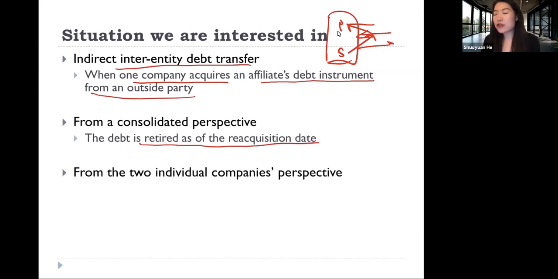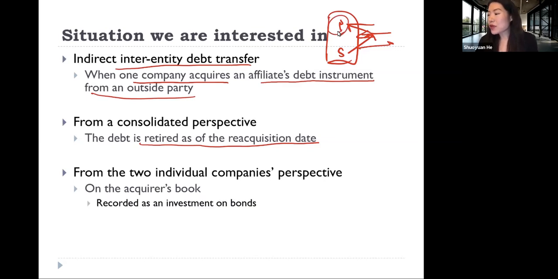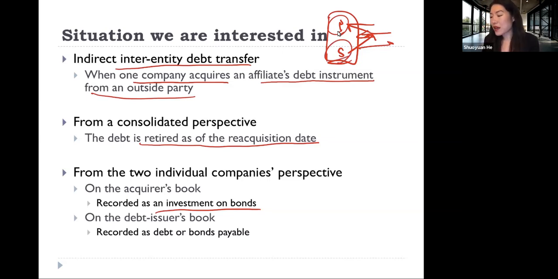However, if you view the two firms individually and separately, on the acquirer's book, in this case the parent's book, the parent, when it acquired the debt, records it as an investment in bonds. And on the debt issuer's book, in this case the subsidiary's book, the subsidiary is still recording it as a debt or bond payable.